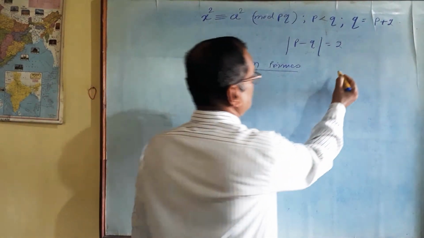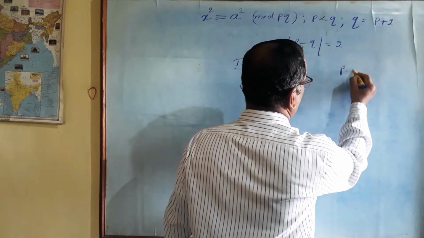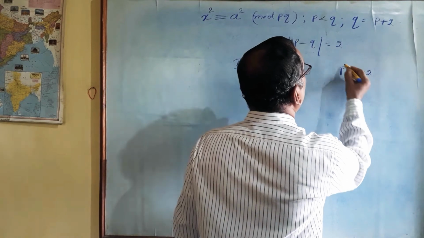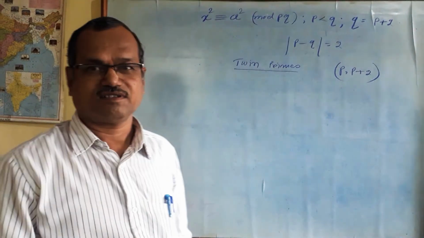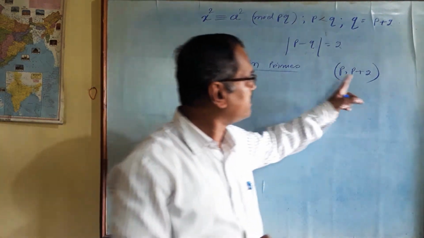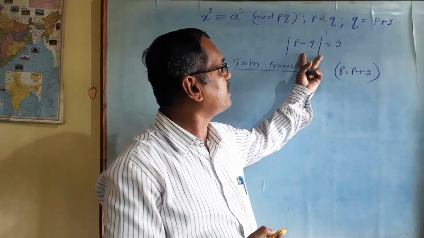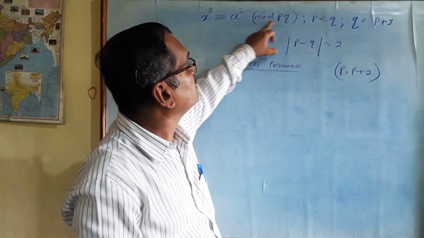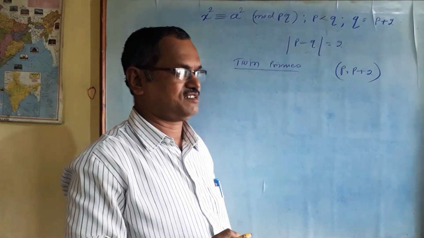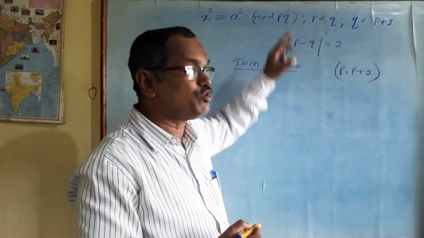We can also say, if p is a prime, the next prime will be p plus 2, and this pair becomes a pair of twin primes, that means their difference is 2. So here our congruence is x square congruent to a square mod the product of twin primes.